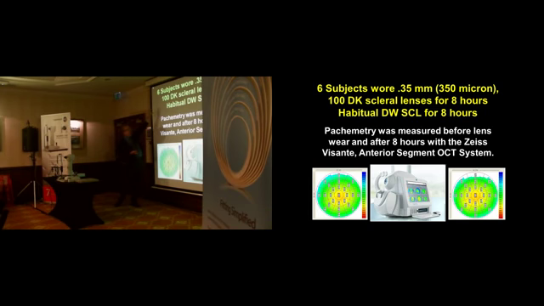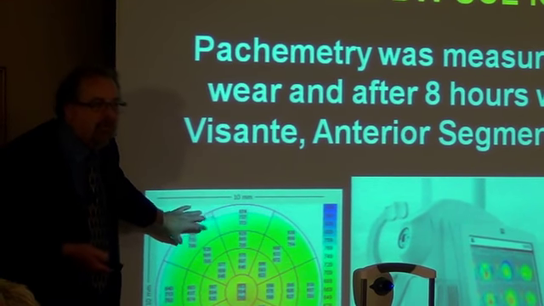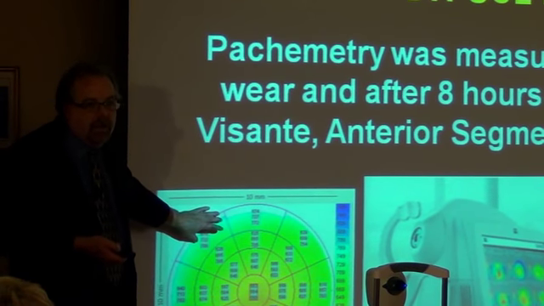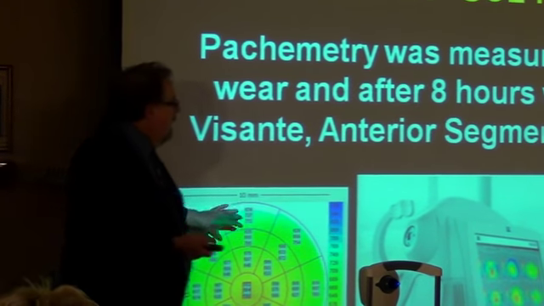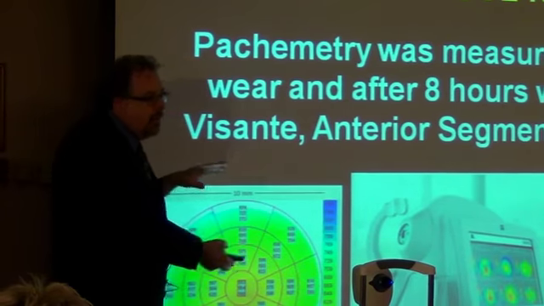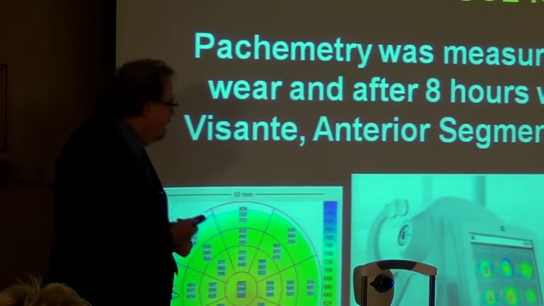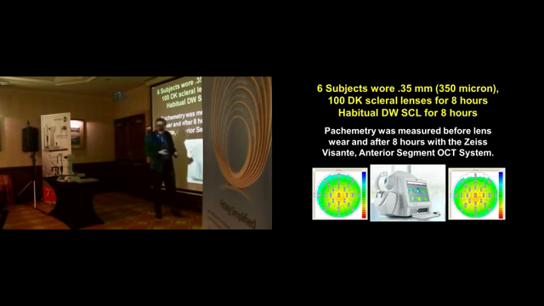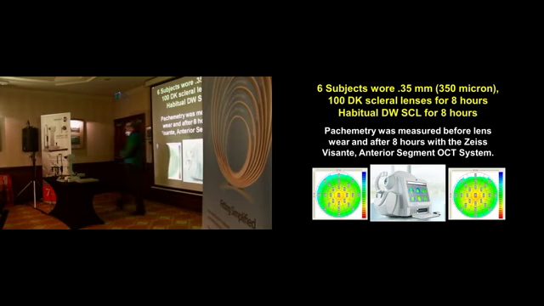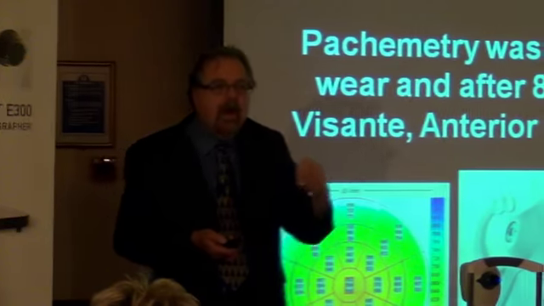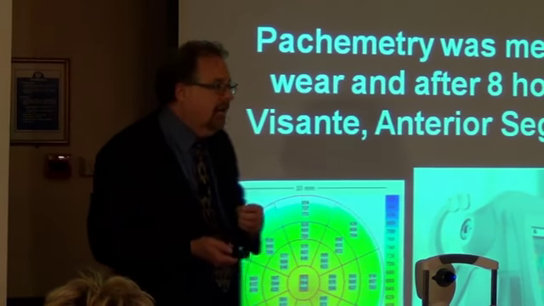That is to take 6 subjects, measure their pachymetry, their corneal thickness, with the OCT, and then apply the scleral lens to both eyes, and then after 8 hours of lens wear, remove the scleral lens and once again map out their pachymetry, how much their cornea swelled underneath that contact lens.